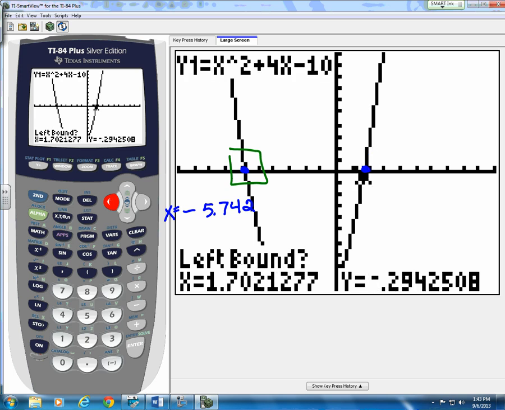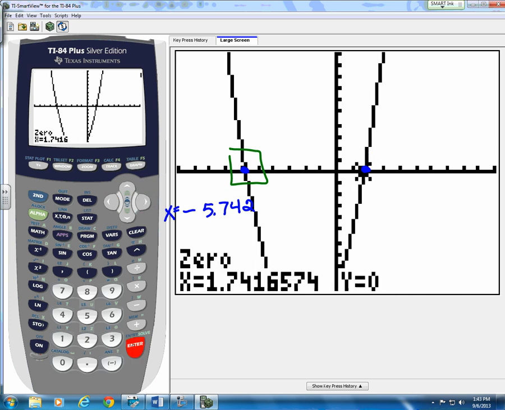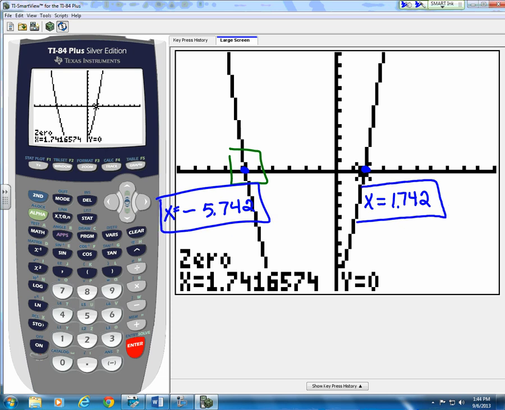So I'm below the x-axis because the y value is negative. Hit enter, go above it, hit enter one more time, and that's going to give us x equals 1.742. So these two values that we get are the decimal equivalents to the fraction and radical form that we just did algebraically. Quick refresher on how to work graphically.